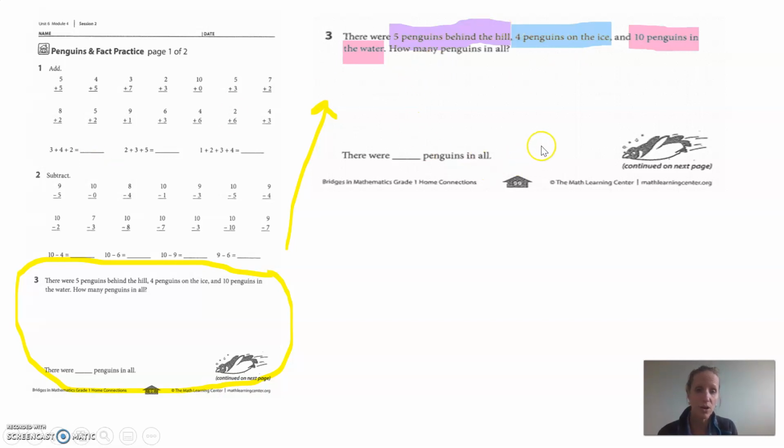And the story problem I wanted to highlight has 3 add-ons. So when you read this story problem, make sure you go back through and find each part of the problem, because it's asking how many penguins in all. And there are 3 different pieces of information you need to put together.